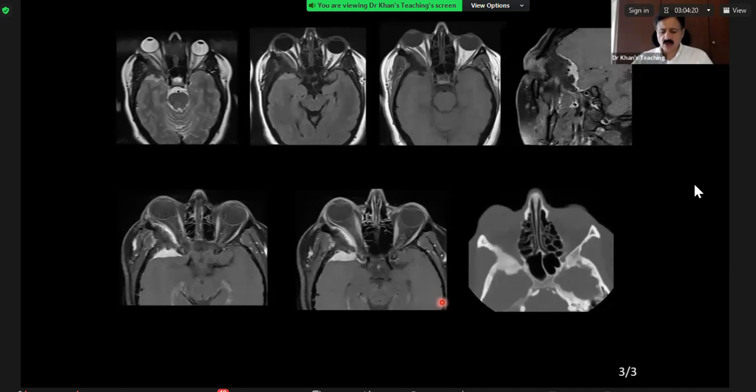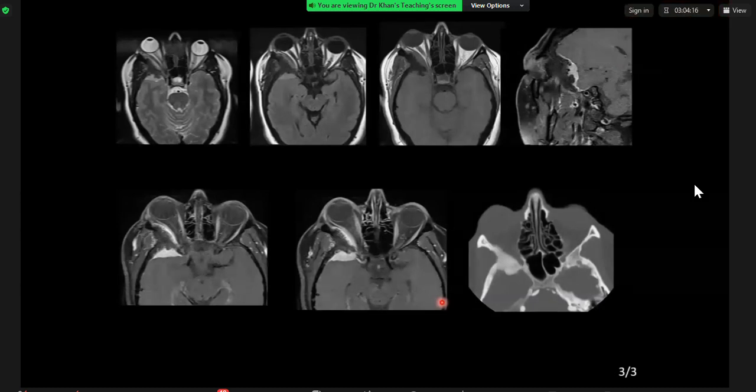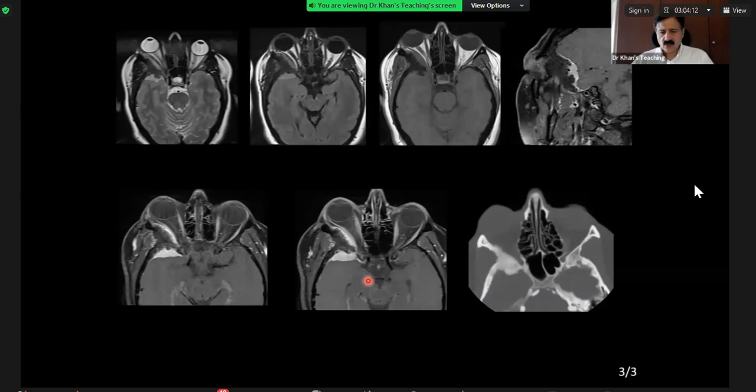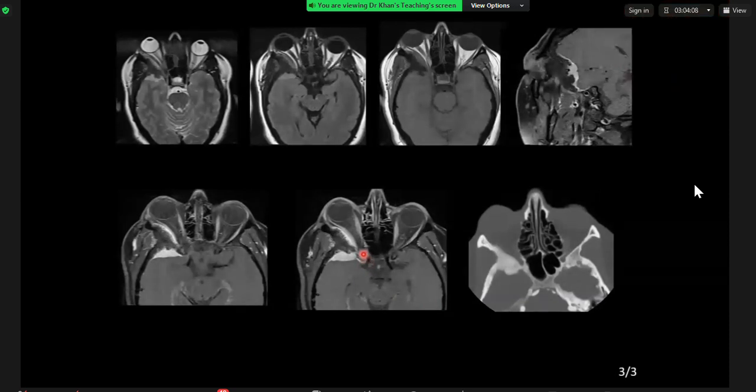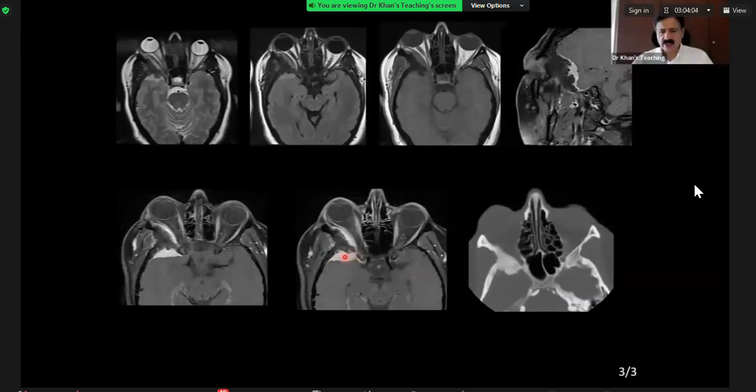And this is more common around what we call the temporal bone. But having said that, once you see this case, then you can understand what happens. Actually, the original meningioma is within the intracranial cavity, which is here, and the meningeal cells infiltrate the bone and they can come out on the other side.